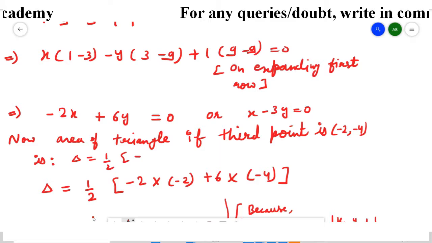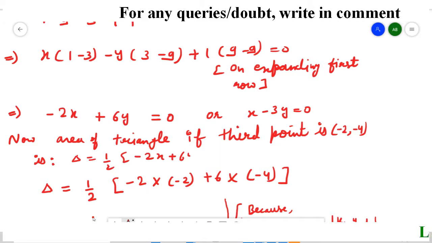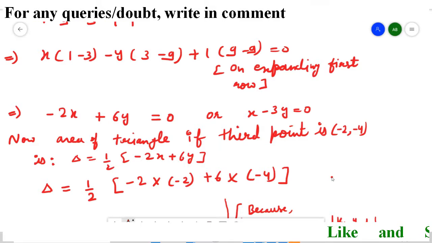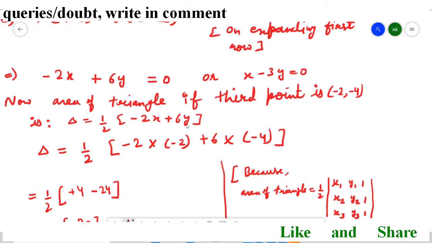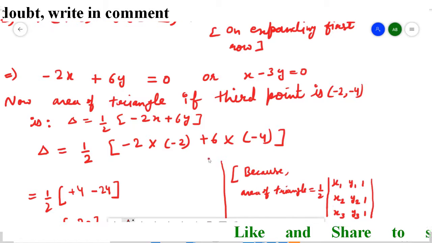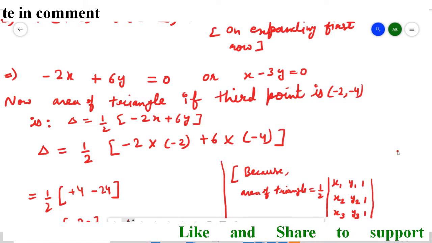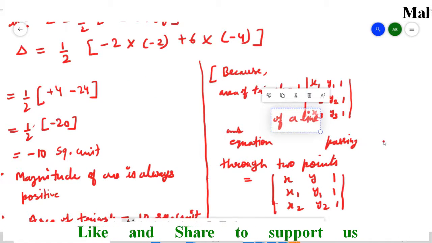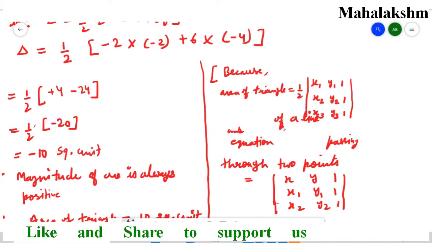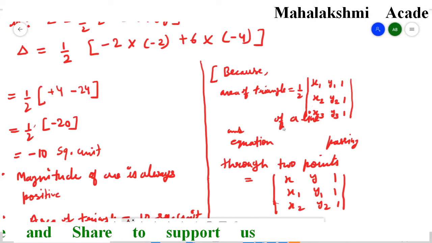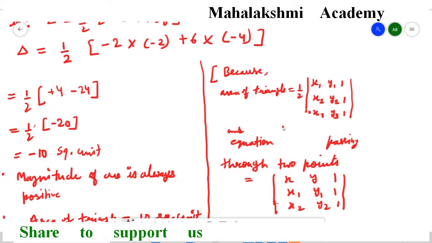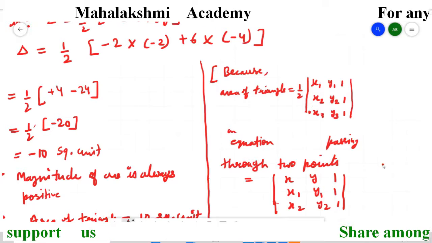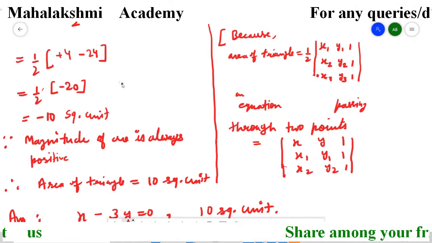Use the one without reduction. Don't use the reduced one, you will not get the answer. Now instead of this x and y, just replace by -2 and -4. I replaced it, and I wrote the formula also, because the area of a triangle is this, and the equation of the line passing through is this.